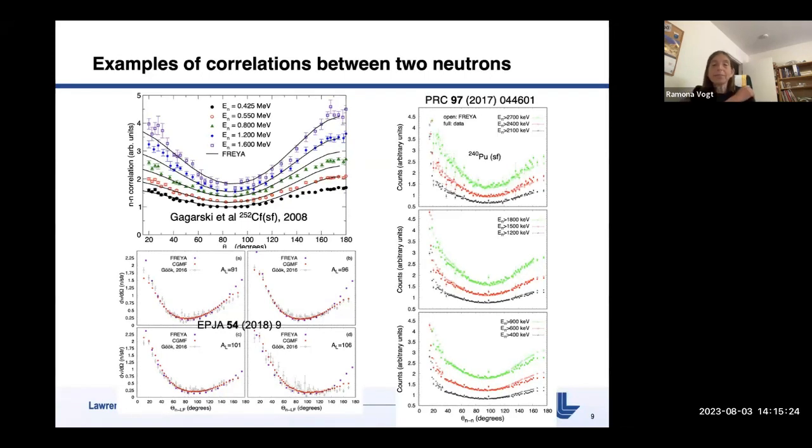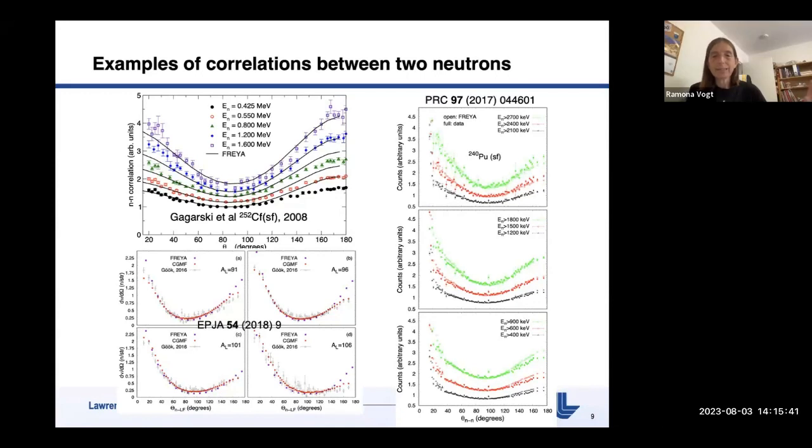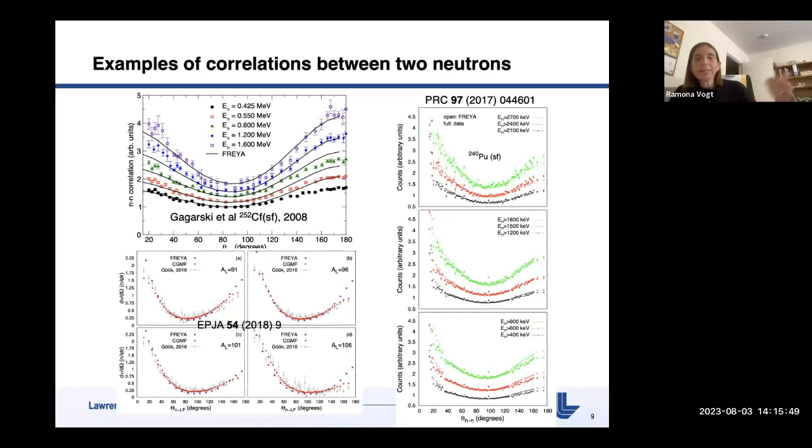One of the first papers we worked on with your group was on the photon flash, so we had photon induced fission of uranium-235, and that was the photons that came in before the neutrons to induce fission, and they could be separated, and then we looked at neutron correlations from the photon induced fission, and that was something that had never been done before.